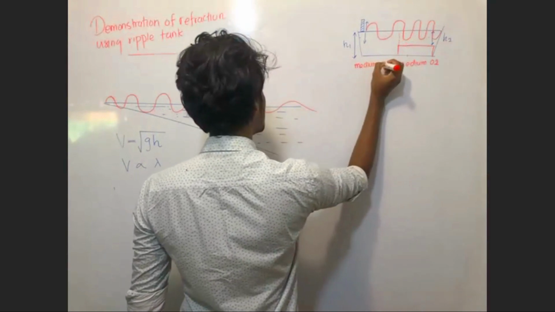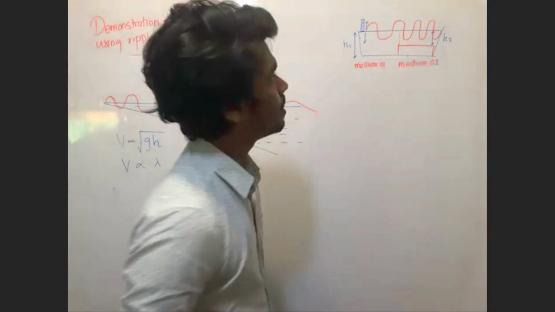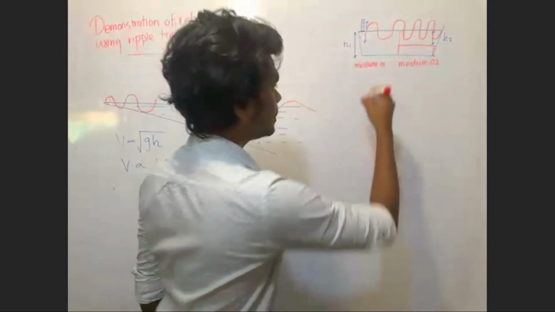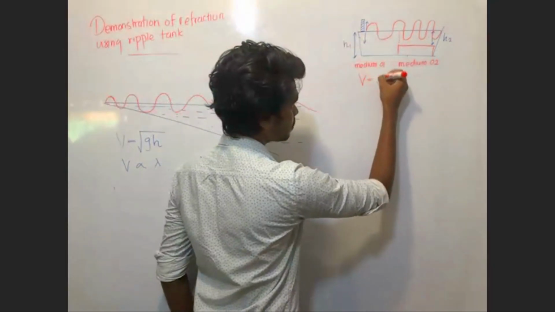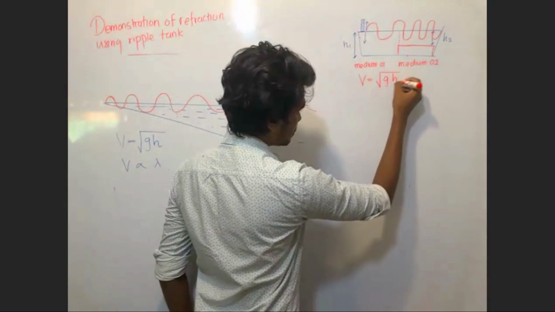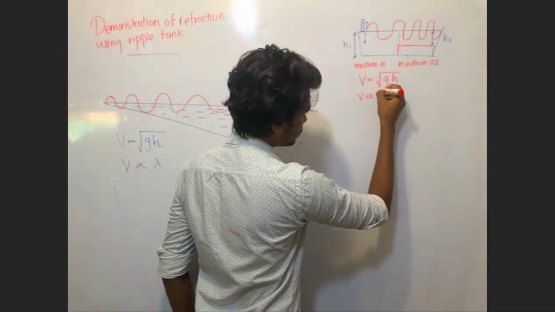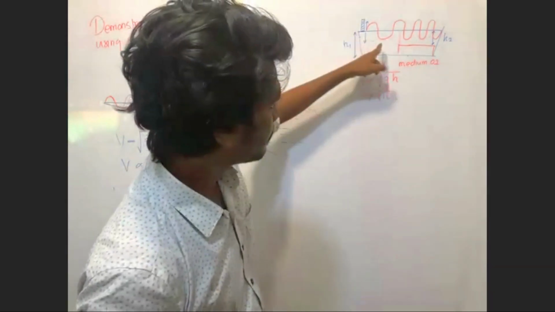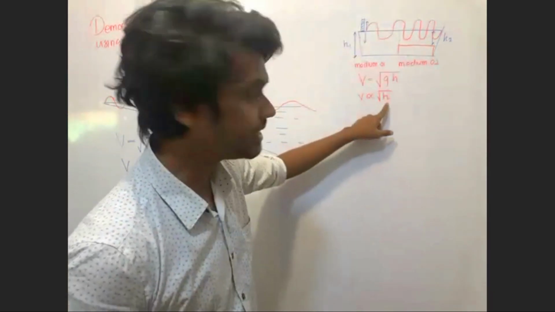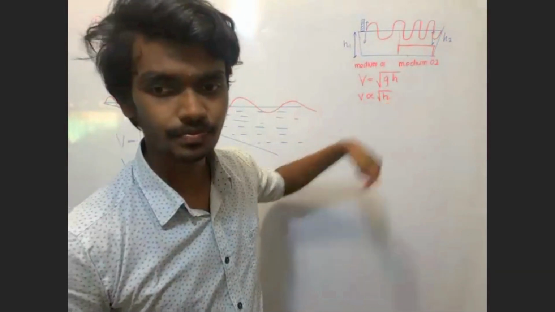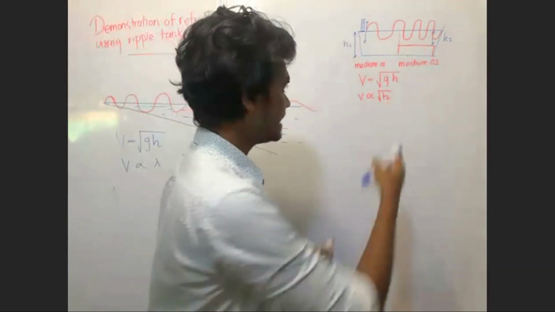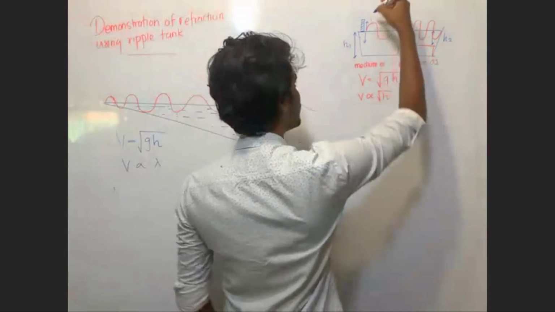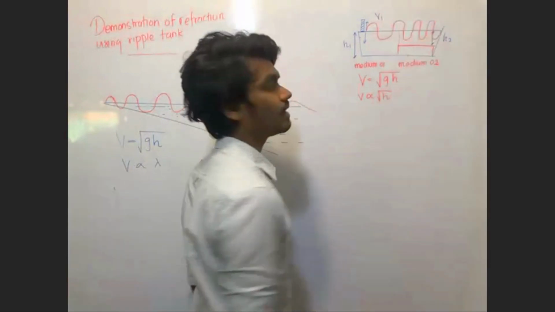This is medium 1 and this is medium 2. Obviously, according to V is equal to root GH, V is directly proportional to root H. In this medium, the height is H1. When the height is H1, the wave is going to have a velocity V1.